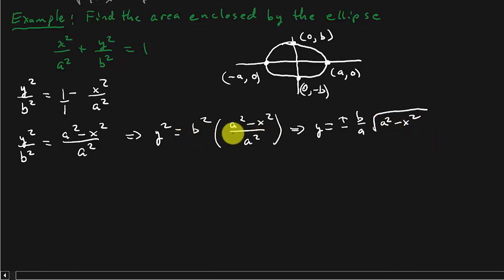So where did that come from? Well, I took the square root of this, right? The square root of b squared is b, the square root of a squared is a, and this just has to stay under the square root.